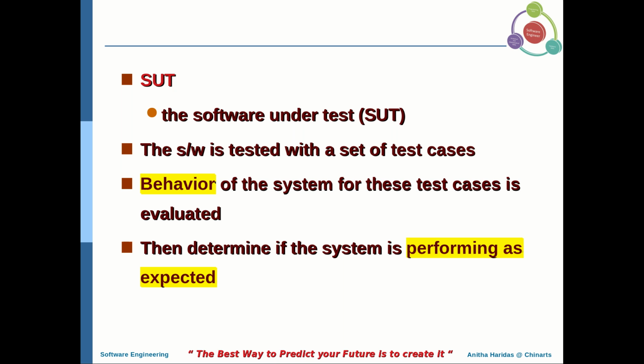Or you give a wrong username and a wrong password and you check whether the system is performing as expected. Or when you click the forgot password link, whether it is taking you to the next page as you expected. So this is what you call software being tested with a set of test cases.